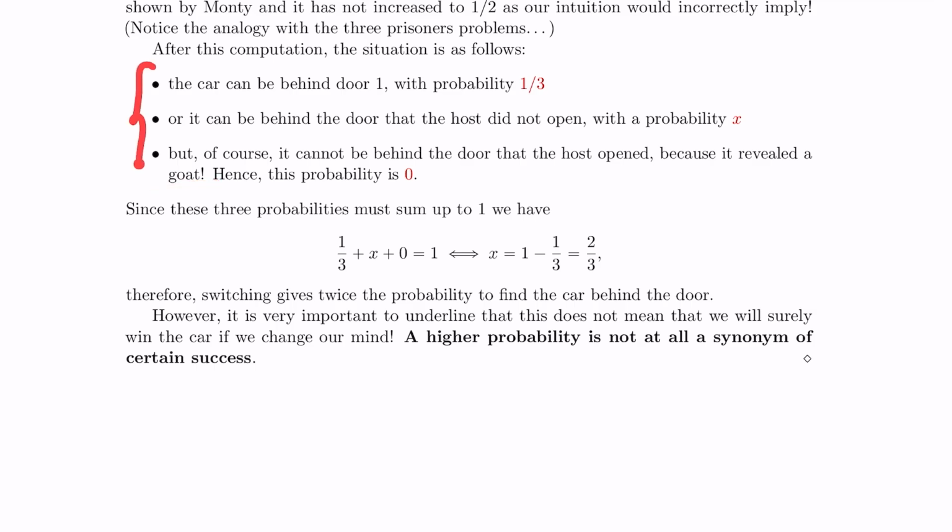Since these probabilities must sum up to 1, we have 1/3 plus x plus 0 equals 1. That is, x equals 2/3. Which confirms that switching the door gives twice the probability to find the car. However, and this is very important, a higher probability doesn't mean that we will surely win the car, okay?